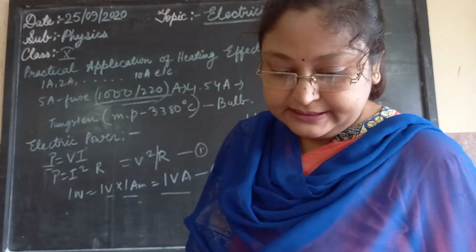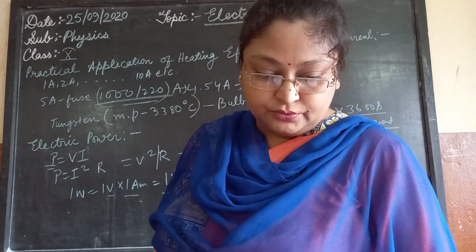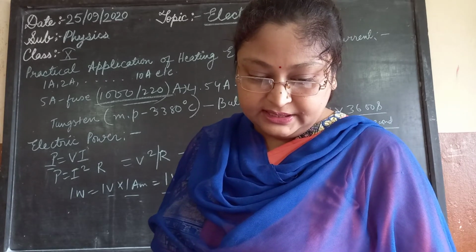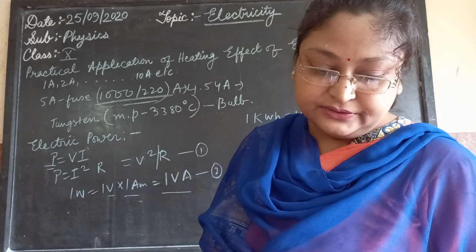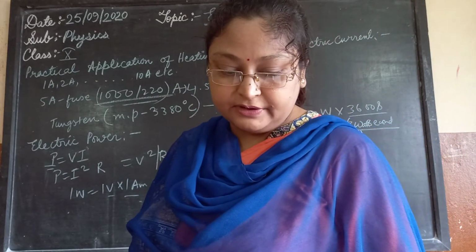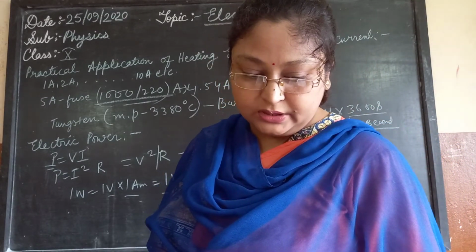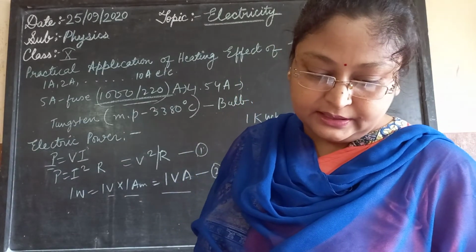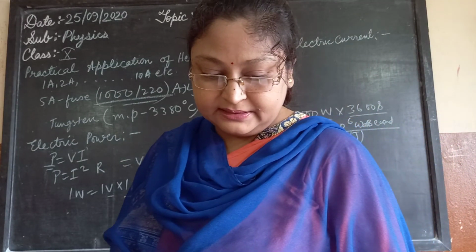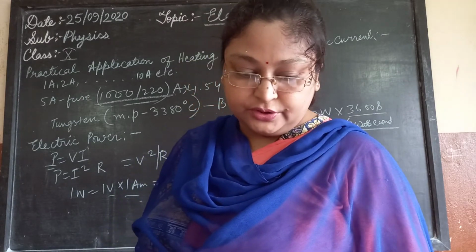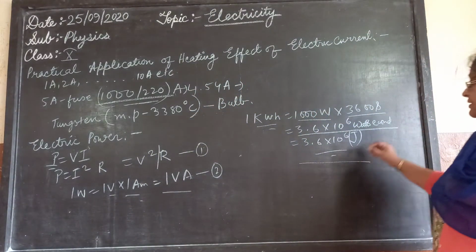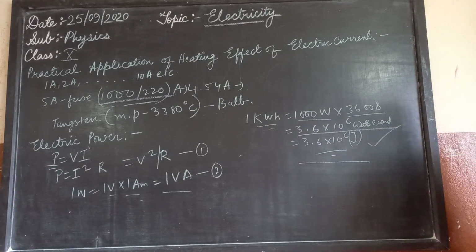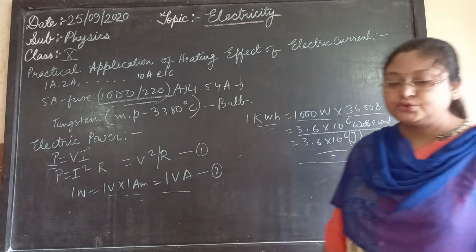Since electrical energy is the product of power and time, we use the kilowatt hour for energy consumed in household appliances. The commercial unit of electric energy is the kilowatt hour, commonly known as the unit, and it is defined as 3.6 into 10 power 6 joule.